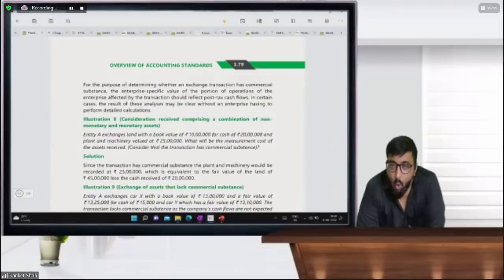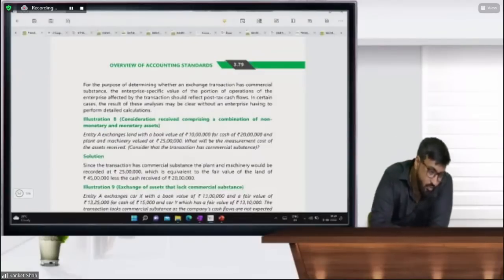There is no commercial substance, no extra benefit to me or to him. That is lacking commercial substance. We just got bored, so we changed bikes for a bit of change.